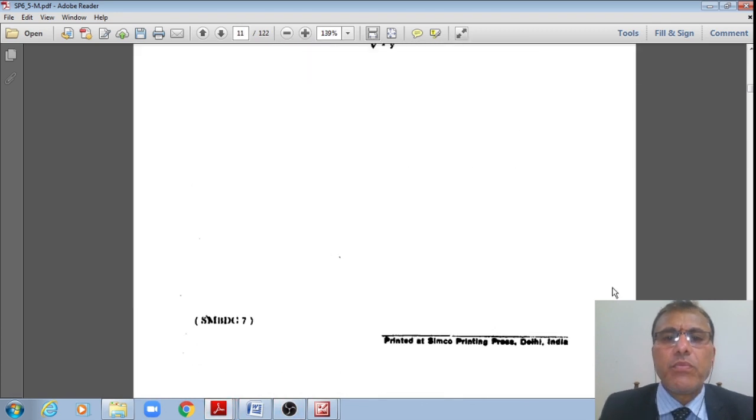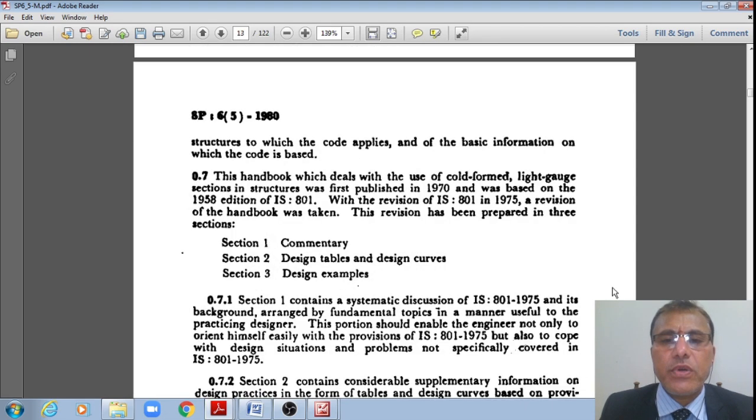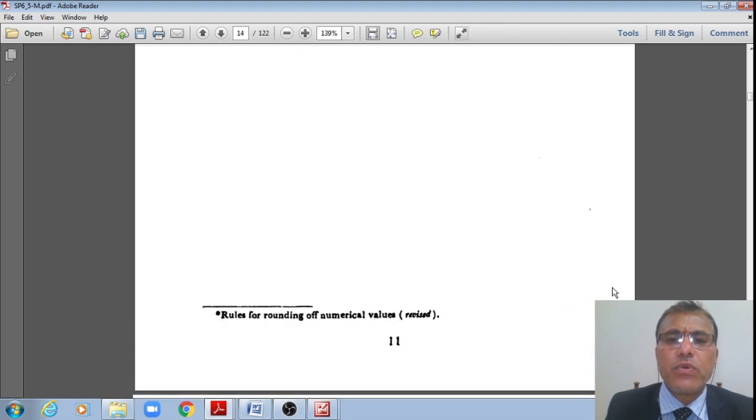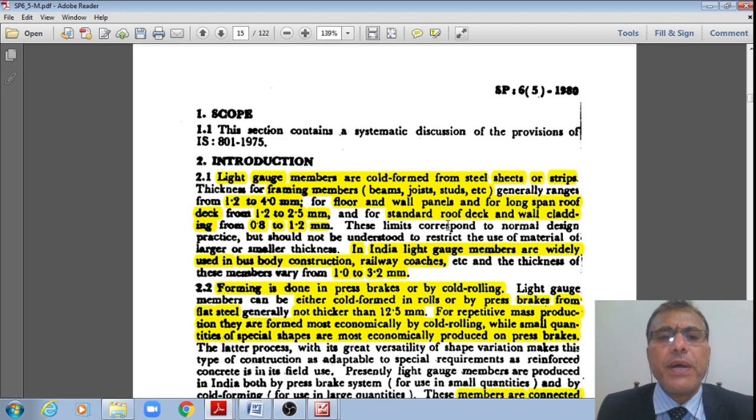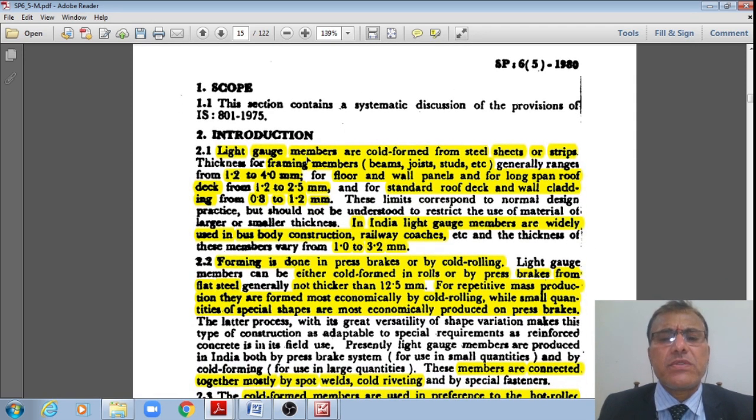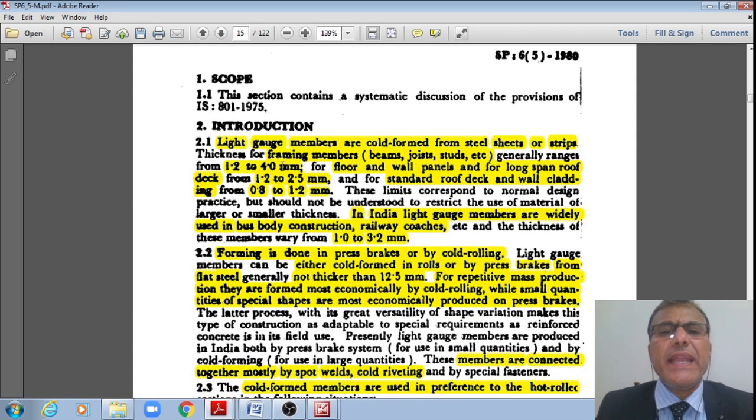Now if I move to the discussions, I hope students you are understanding the discussions. Now we'll move to the introduction part. Just now we have seen in the photographs that light gauge members are cold formed from steel sheets or strips.